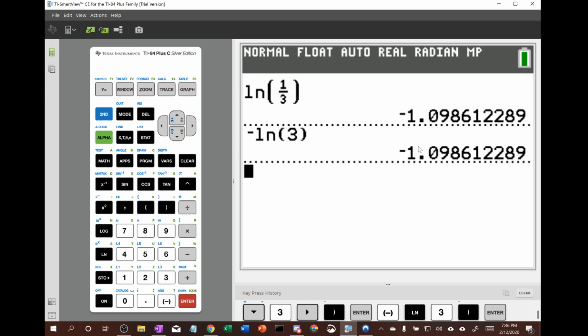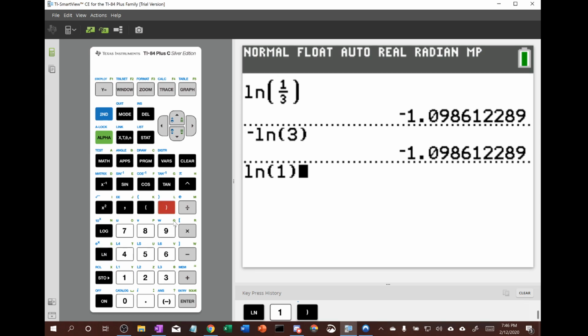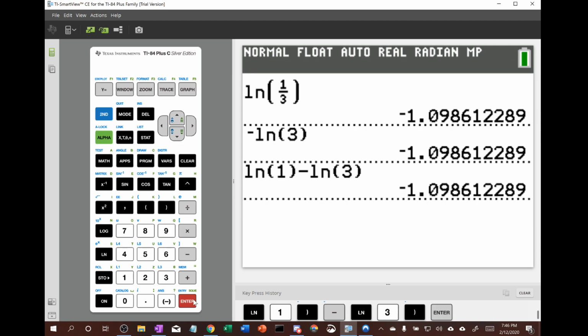Same thing. But now let's do what I said, ln of 1 minus the ln of 3. If this is the same, my mind is going to explode. Oh, yeah. So the rules work. Oh, yeah.